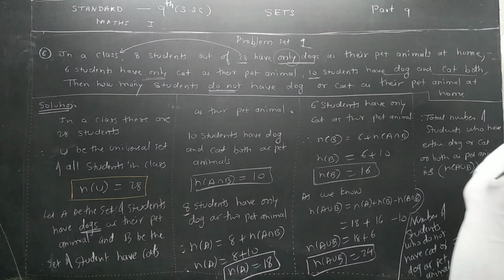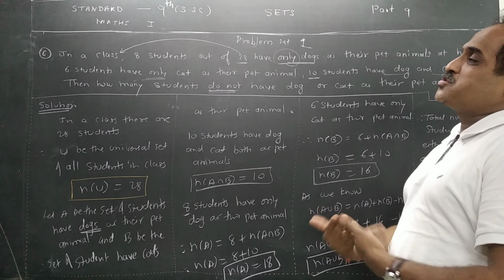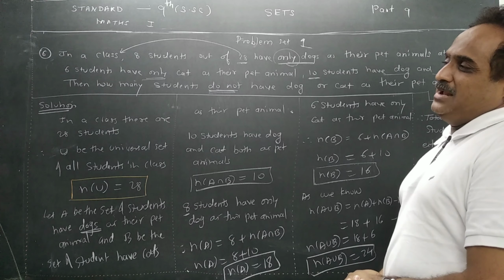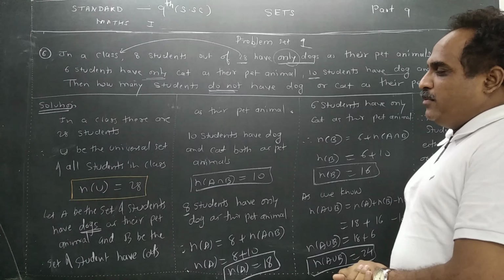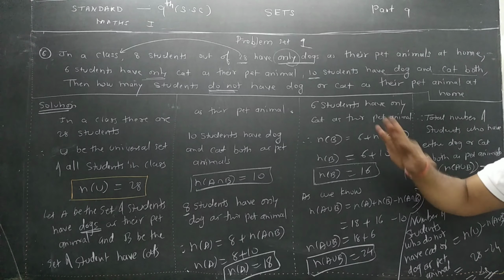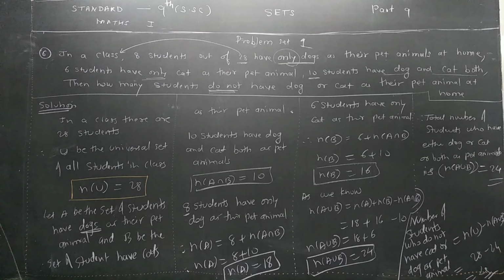But usually how you are taking, let A be the set of students having dog as a pet animal. So got my point. And at last, how many students do not have, some students are such that they have neither dog nor cat. So when questions like do not have are done in 9th standard, in that case we have taken the U. In a class there are 28 students, U be the universal set of all students in the class.